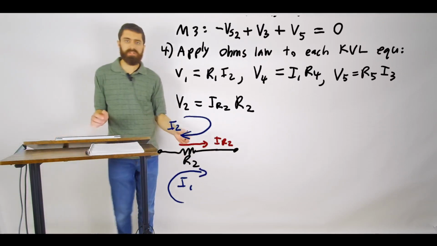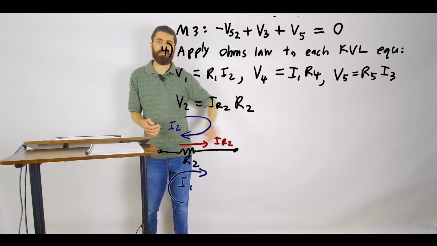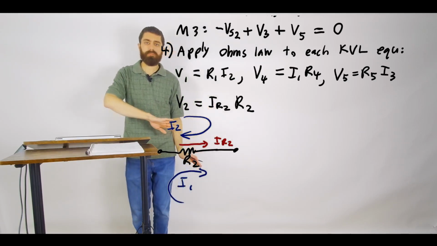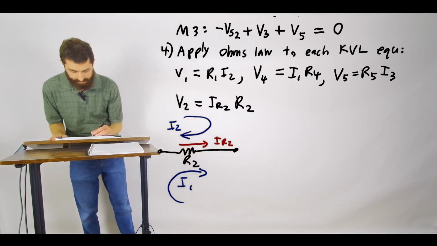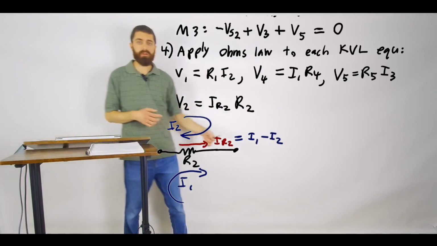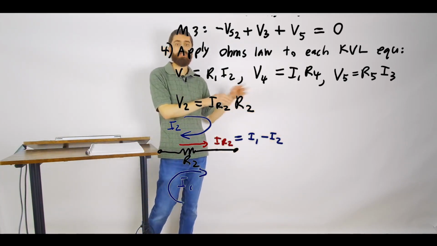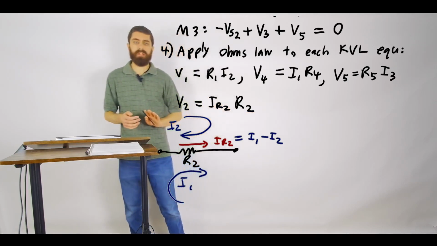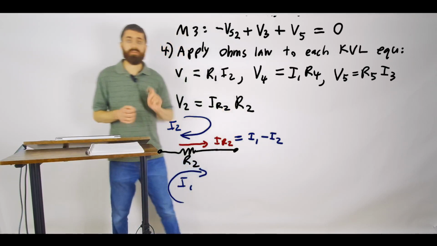The question is, how can we express the current flowing in this direction through the resistor in terms of our mesh currents I2 and I1? The answer is that that current is going to be equal to I1 minus I2. If we wanted the current going in the opposite direction through the resistor, then it would be I2 minus I1. But in this case, we do I1 minus I2 for this direction.